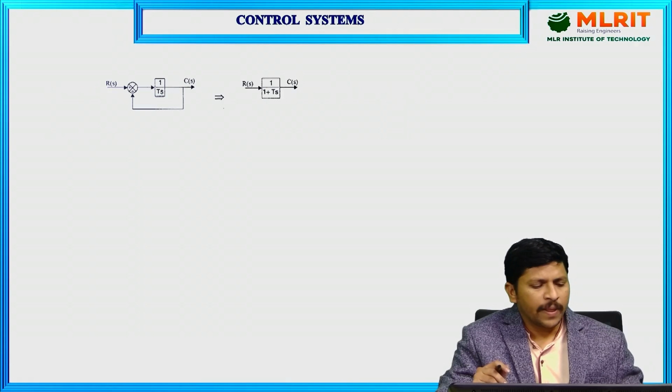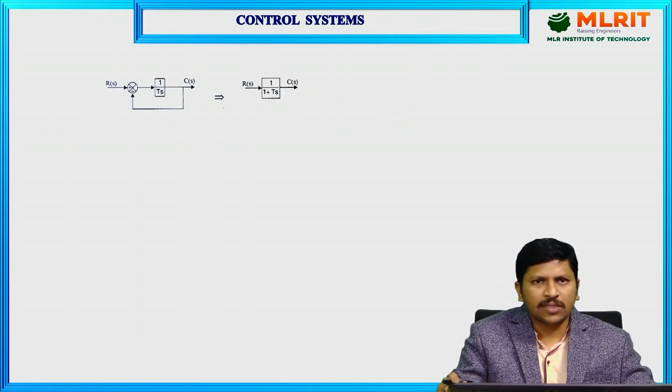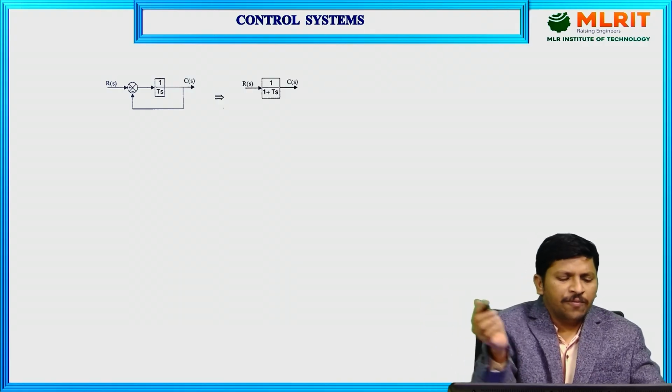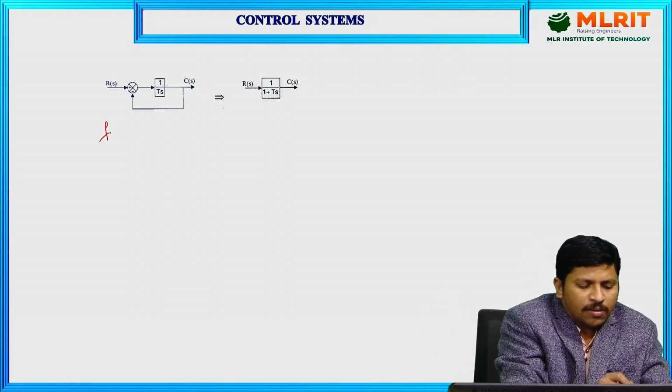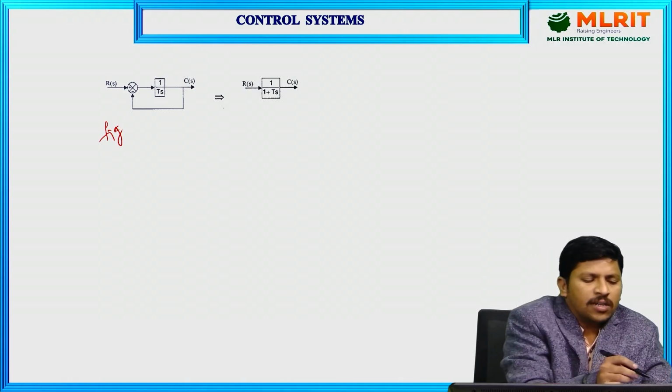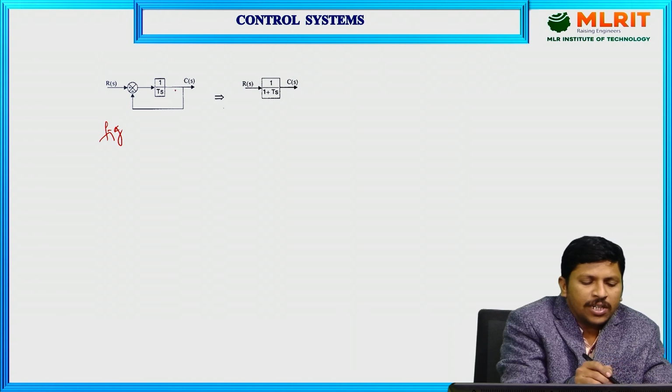Coming to the calculation of the time response, for that I am going to consider the first order system. Here in the figure, I am going to consider the first order closed loop system with unity feedback.